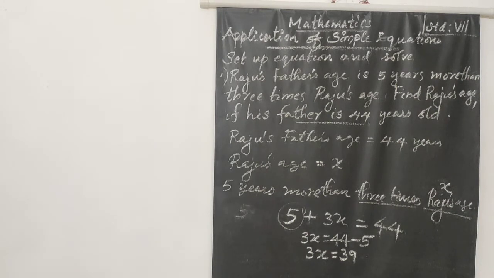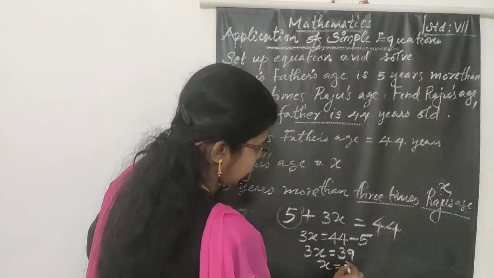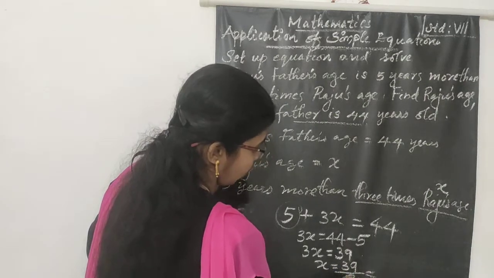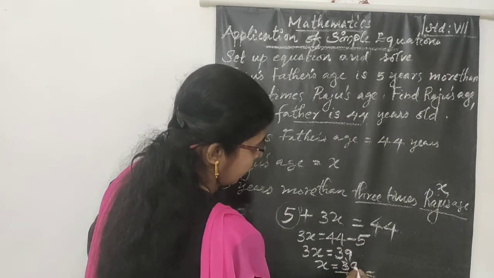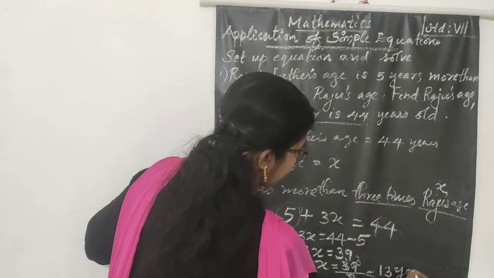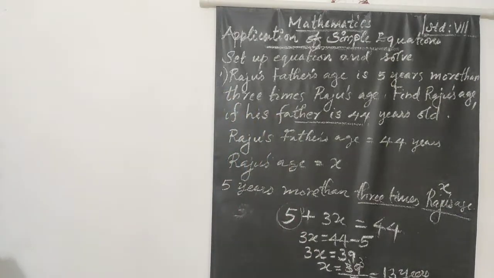Then what is x? x equal to 39 divided by 3. 1 into 3, 3. 3 into 3, 9. That is 13 years. What is Raju's age? Yes, Raju's age equal to 13 years.